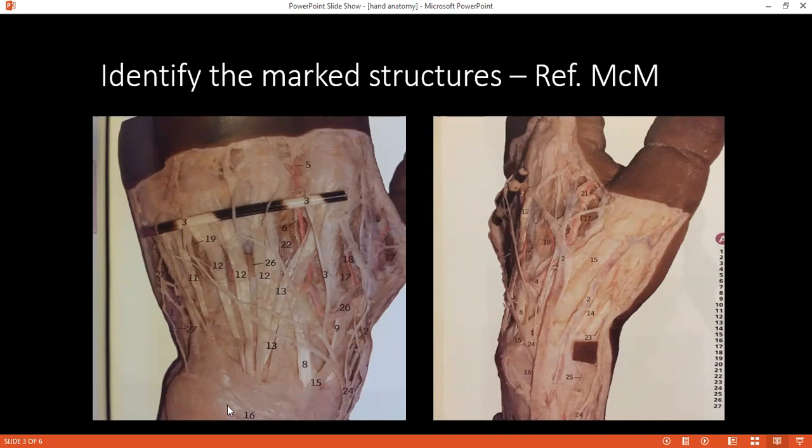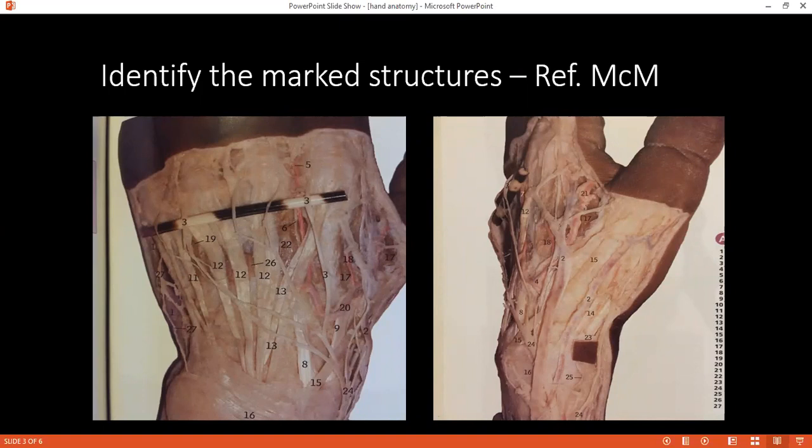Can you tell me what is 16? Extensor retinaculum. Can you please tell me the attachment of the extensor retinaculum? It is attached to the distal end of the radius and the distal end of the ulna and the pisiform bone.